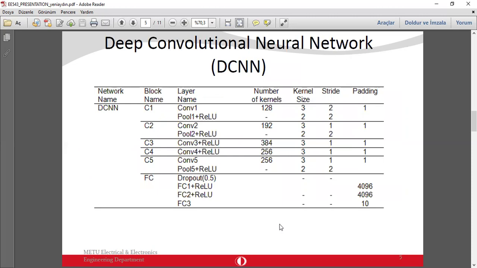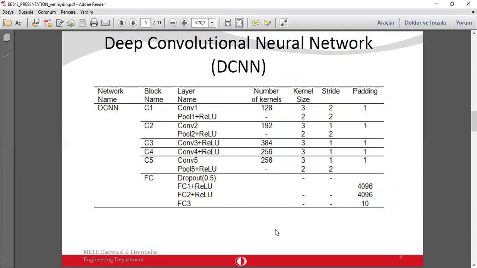As for the architecture of the deep convolutional neural network, 5 convolutional layers are utilized together with 3 fully connected layers. In each of the convolutional layers, the ReLU activation function is utilized to diminish the vanishing gradient problem and also the overfitting problem.